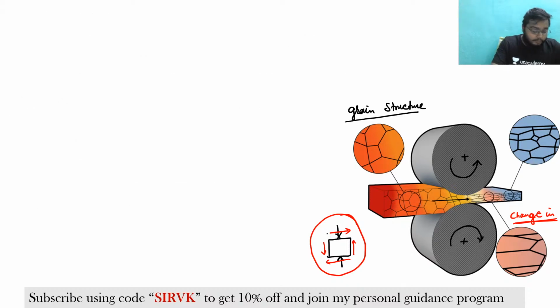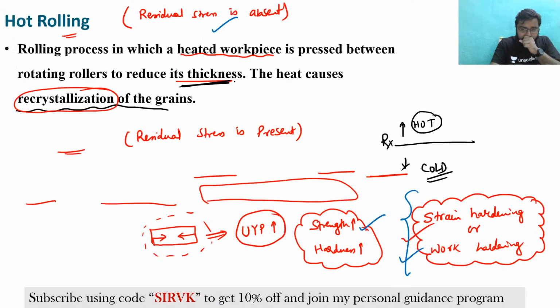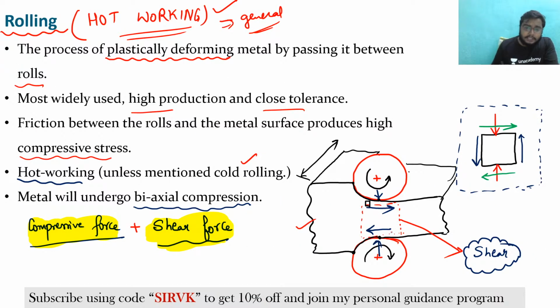See if you could see here what I have explained. This roller is rotating in this direction. Suppose it is rotating anti-clockwise. If it is rotating anti-clockwise, this much part of the metal is in contact.